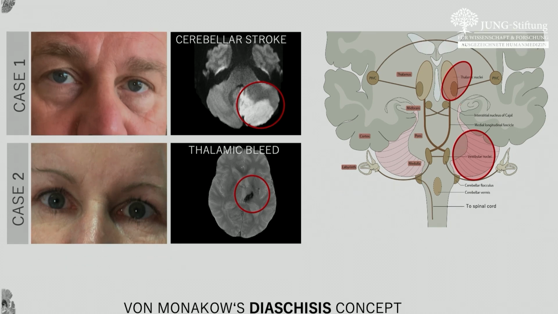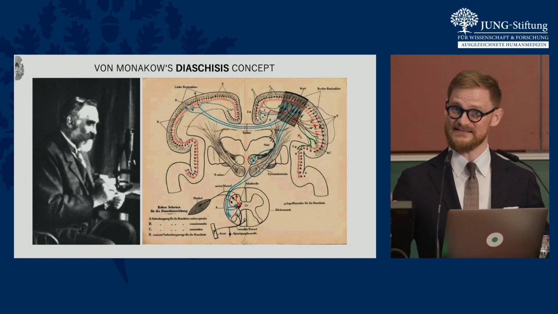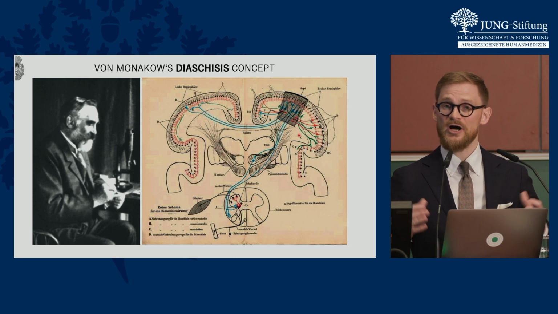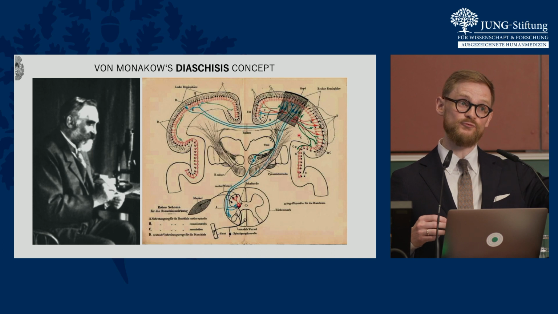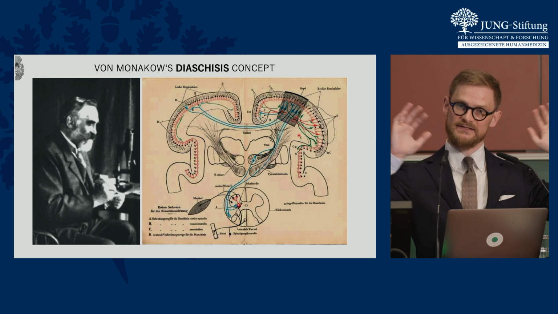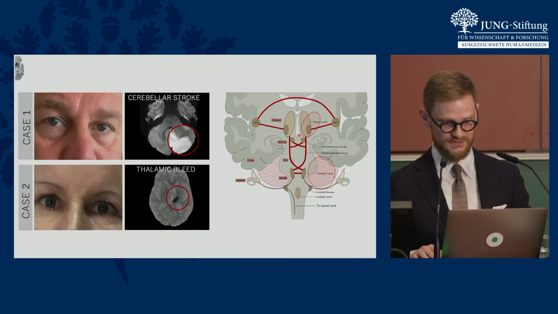It doesn't work. And I need to give you some more perspective in history. On the left, you can see Konstantin von Monakow, the head of neuroanatomy in Zurich in the 19th century. And he had a very influential concept of diaschisis. Diaschisis basically means separation. And he posited that not single brain regions, but in fact networks of different brain regions that are connected through white matter pathways subserve neurological functions.